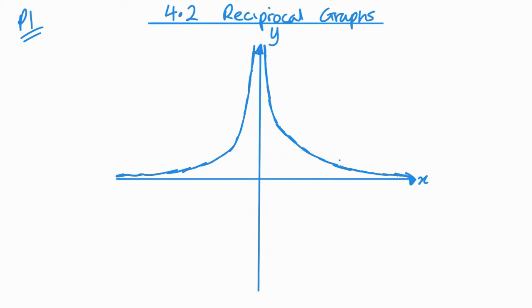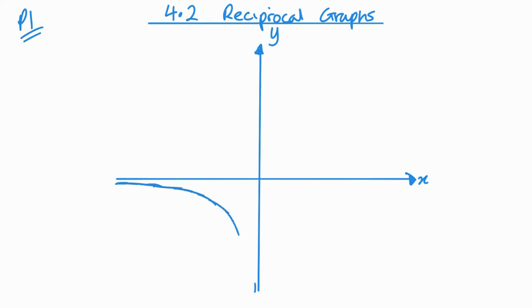So this is y equals k over x squared, where k is a positive number. And as you might have already guessed, when k is a negative number, I'm going to get the same kind of graph as the last one, just underneath the x-axis. So y equals k over x squared, where k is negative.